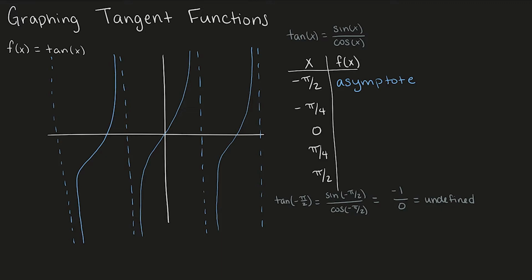Then, tangent at negative pi over 4 is sine at negative pi over 4 divided by cosine at negative pi over 4, which is negative 1 over 1, and that's negative 1. Tangent at 0 is sine 0 over cosine 0, which is 0 over 1, and that's 0.